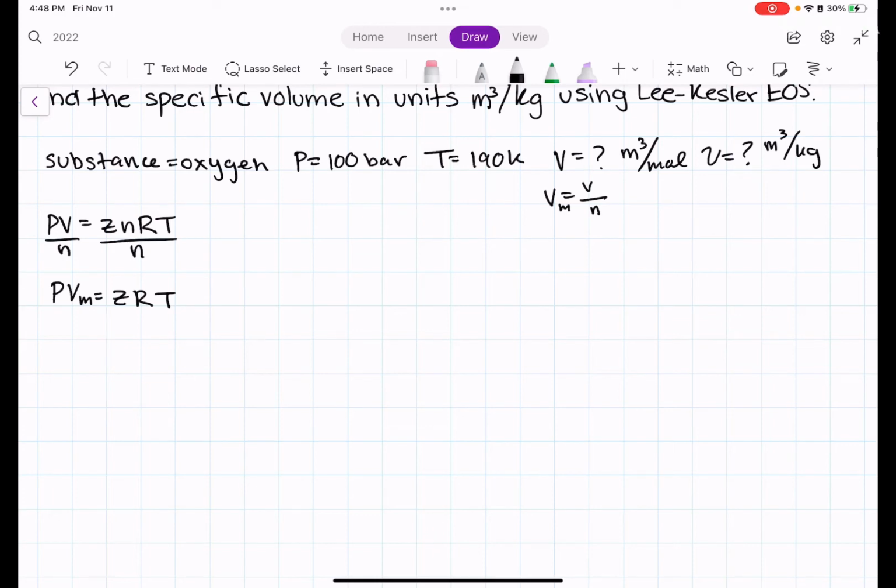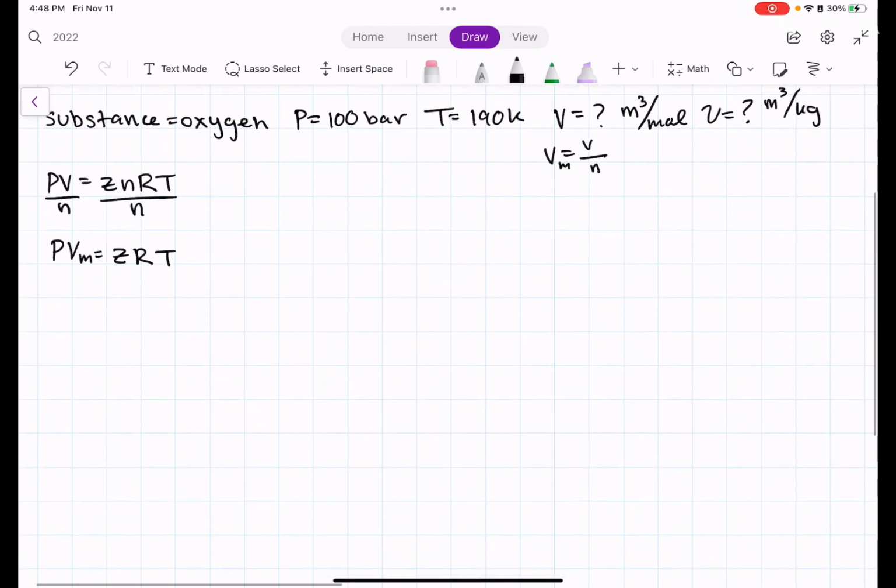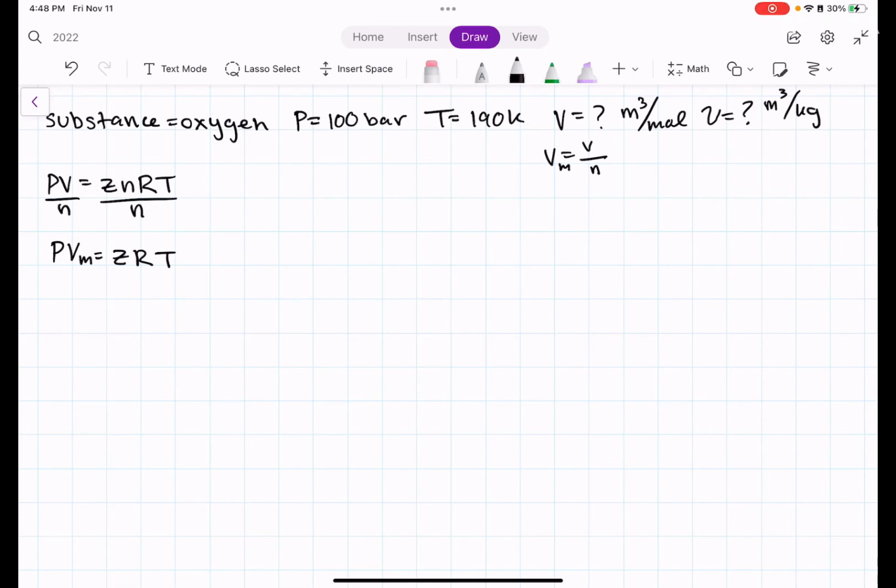We divide by P on both sides, and we get that the molar volume is equal to ZRT over pressure. The good thing is that we have pressure, we have temperature, and we can find our R value. However, we don't know Z. We have to find it using the Lee-Kesler correlations that we just learned about. However, let's go ahead and find R, the gas constant, first.